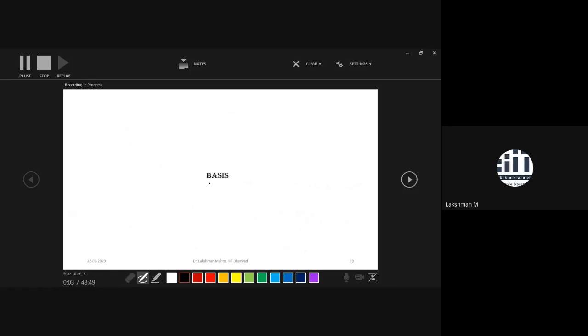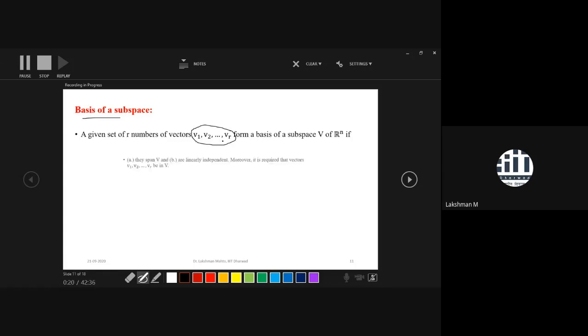Basis is very important. So here I will talk about two algorithmic approaches to find the basis of a subspace. I had already told that if you are taking r number of vectors from a subspace V of Rn, then for these vectors to form a basis, they have to satisfy two criteria.